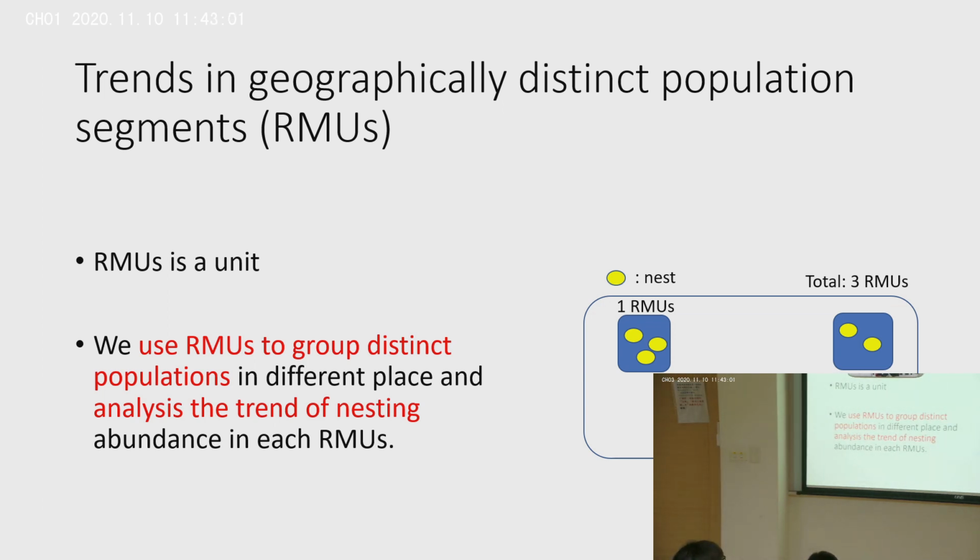We see this picture. The yellow circle is a nest, and the blue area is one RMU, and there are three RMUs in total.